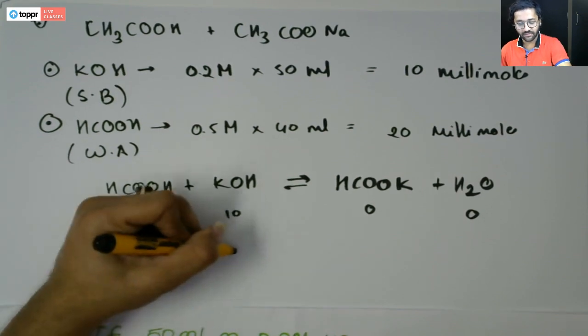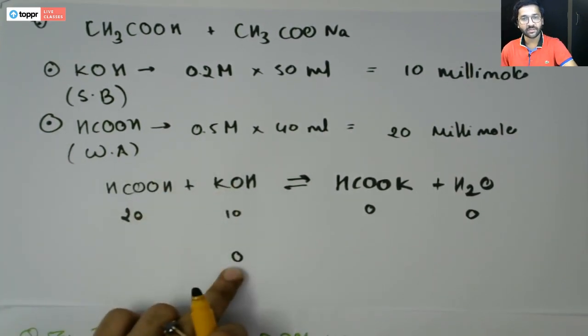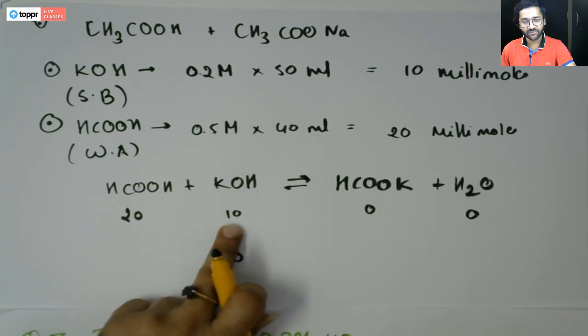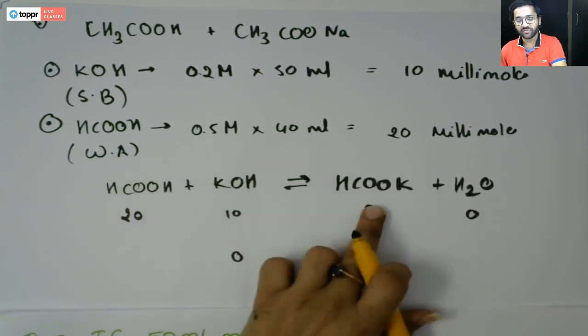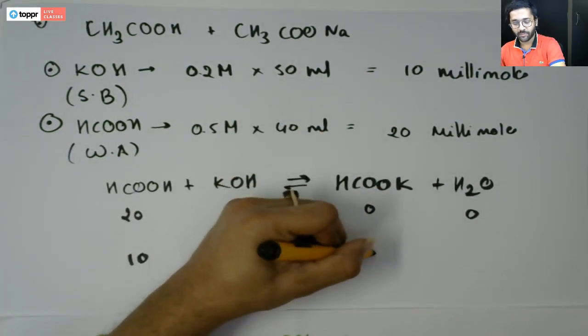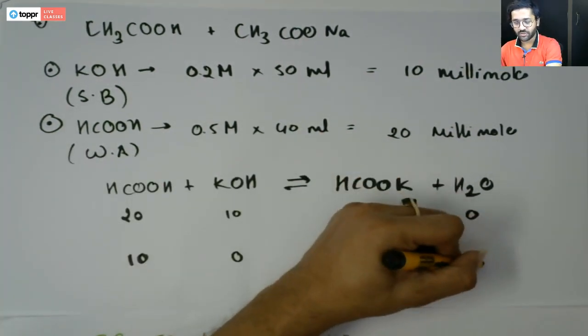Hence after some time, KOH will be 0, and the complete 10 millimoles of KOH will react with HCOOH to give HCOOK. Hence HCOOH will be left as 10 and HCOOK will be 10 too, and the amount of H2O is also 10.